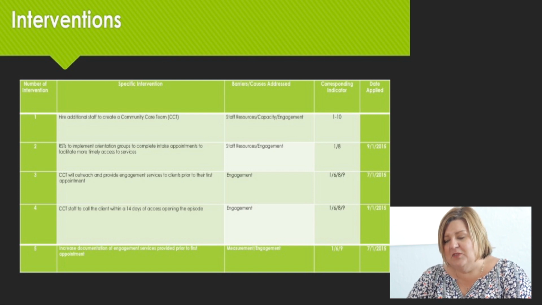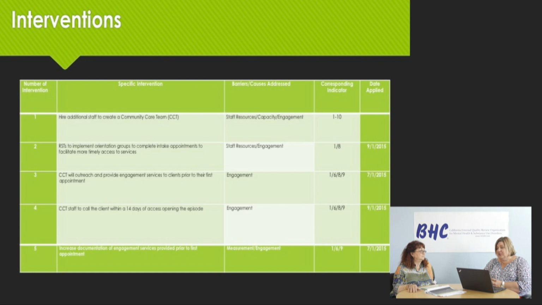You'll see also that one of the things that this particular table shows you is the barriers and the causes that each of these interventions addressed. And I think that's important when you're looking at the full picture of a performance improvement project. In this particular performance improvement project, they wanted to increase engagement, and they wanted to increase the capacity.